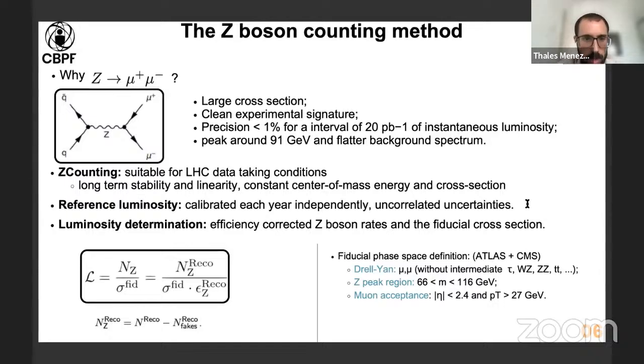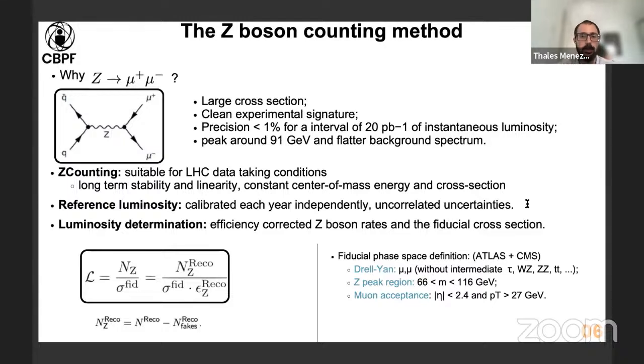So it's probably one of the most promising channels of choice to perform this study. With the number of Z-bosons in hand and the cross-section of such a process, we are able to provide an estimate for the luminosity and compare it with the reference one from the previous step.